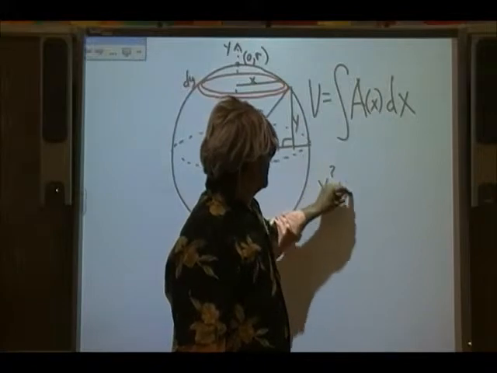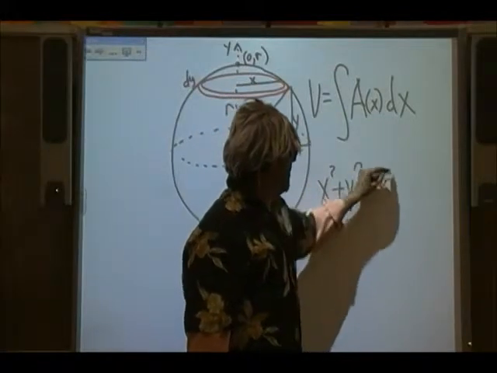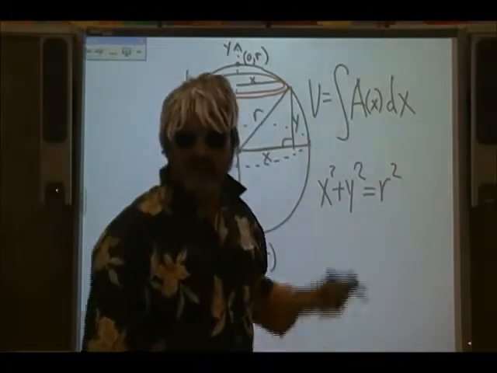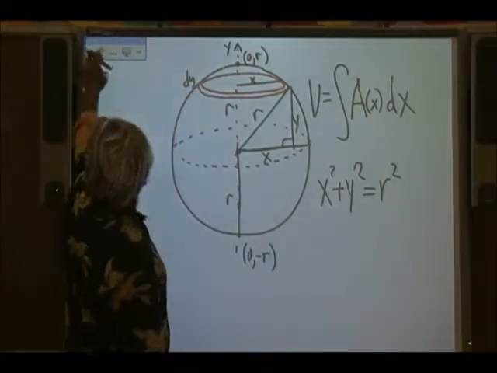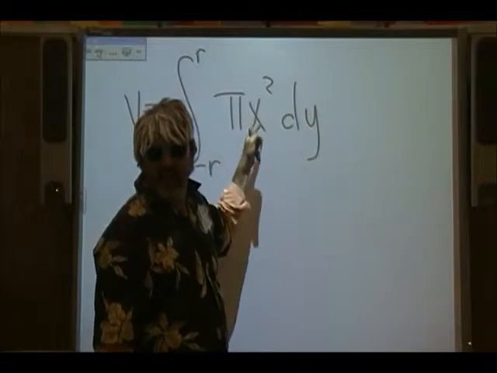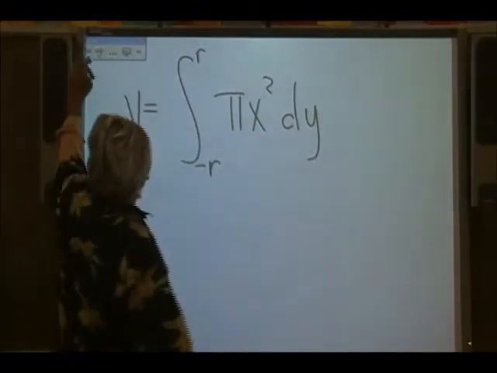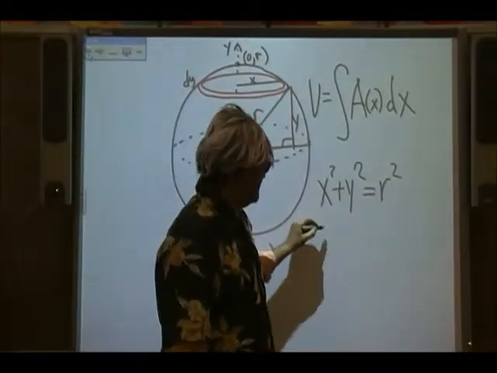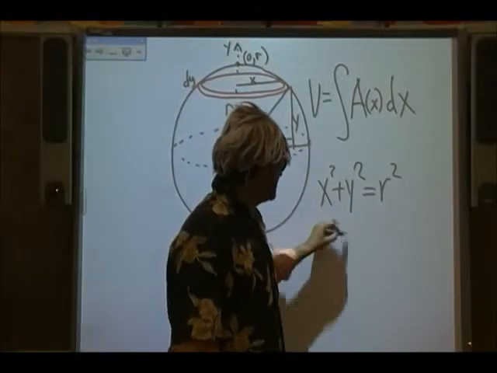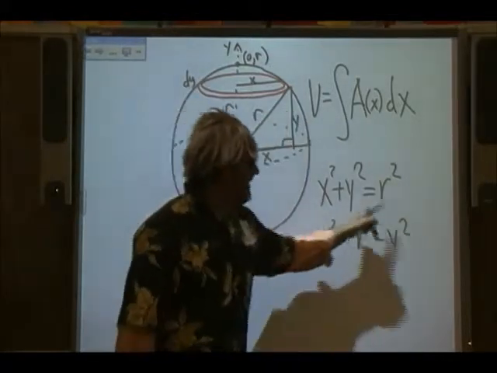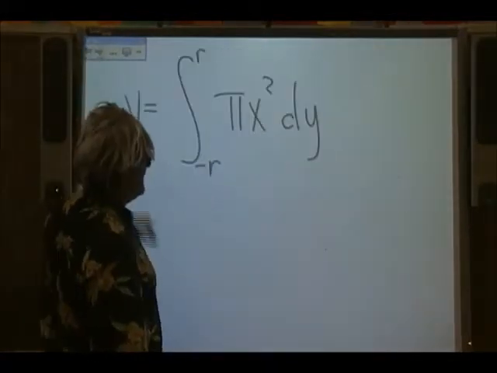So what do we want? We want it in terms of y. So I want to get rid of this x. I solve for x squared, so I have x squared equals r squared minus y squared. And I take this and plug it in here.